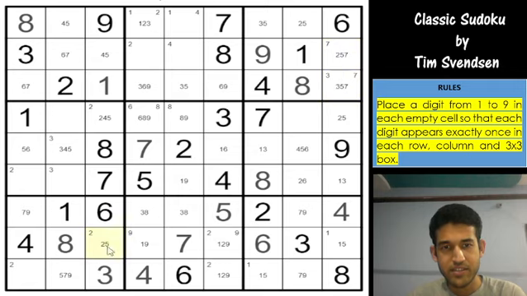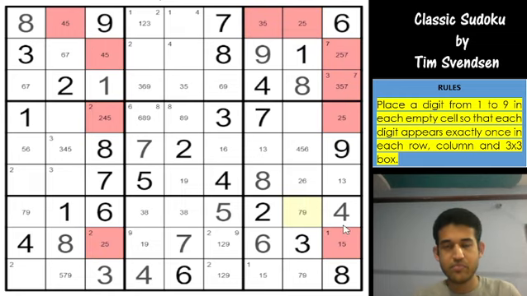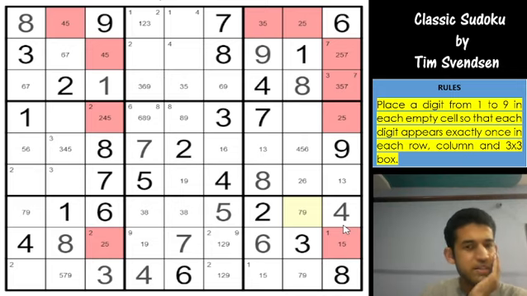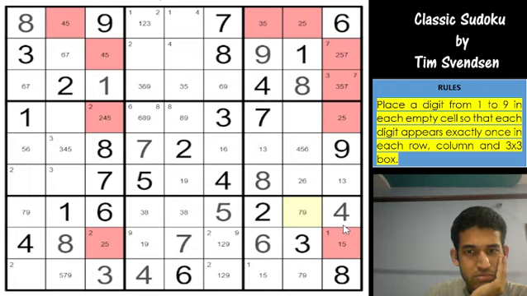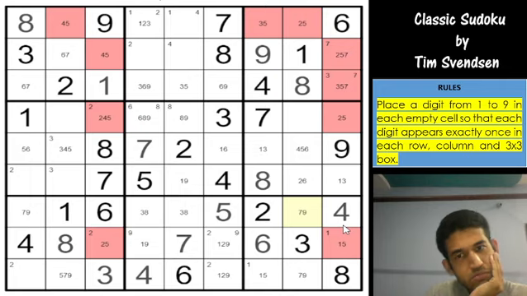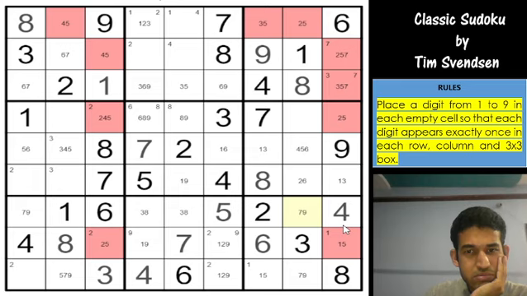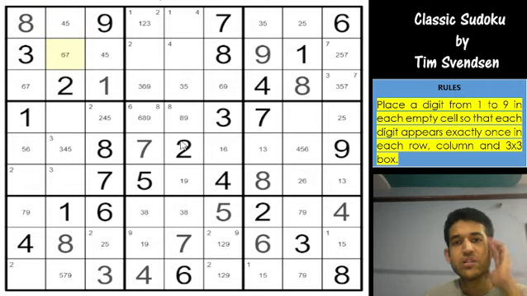Look at the fives. Is there something I'm not seeing in the grid? All these fives really seem to be interesting, right? Can we eliminate fives from any of these cells? Hard to say. It's really hard to say. It's just a matter of either you getting it or not seeing it.